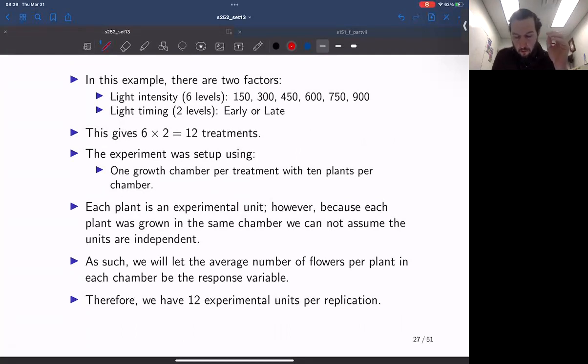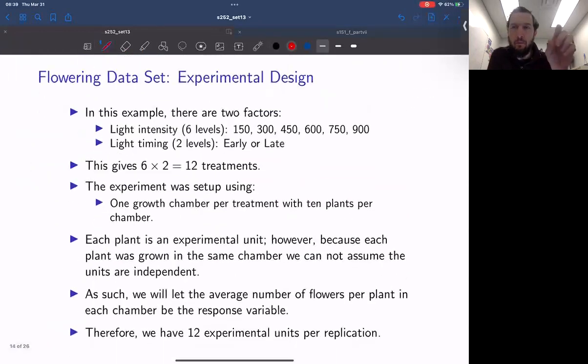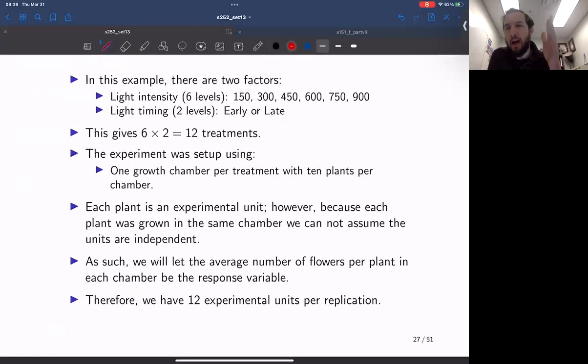All right, so what this means is that we're actually evaluating the growth of the plants, or the flowers rather. We're counting the number of flowers on each plant at combinations of the intensity and timing schedules. So there's 12 different treatments in total. So 6 intensities for early light, 6 intensities for late light. So 6 plus 6 is 12.